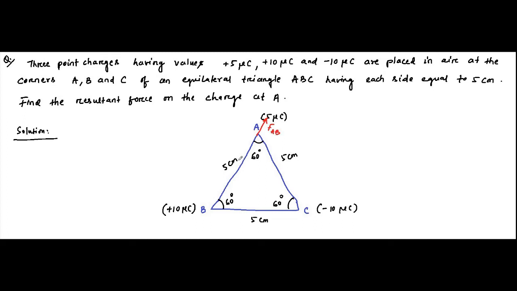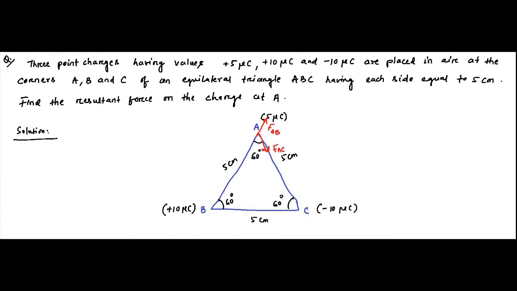Another force will be an attraction type force between the charges 5 microcoulomb and minus 10 microcoulomb, because here it is plus, here it is minus, so it will be attractive in nature. It will be in this direction. Let's call it FAC.